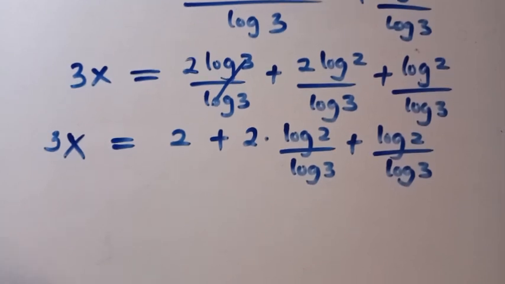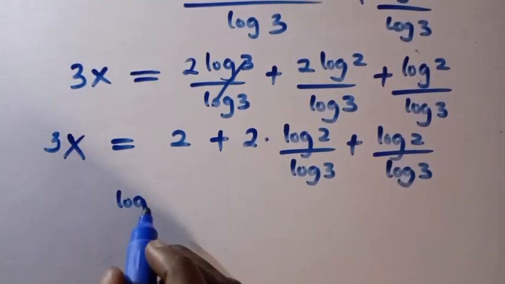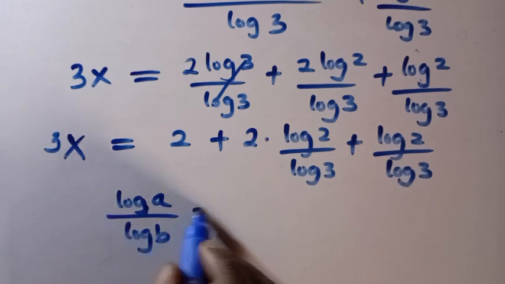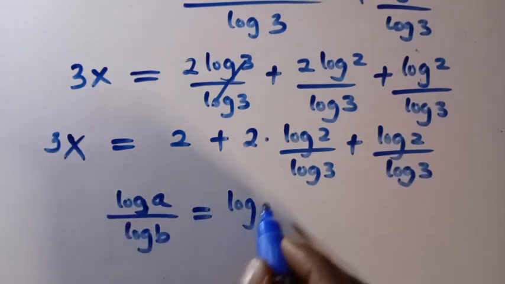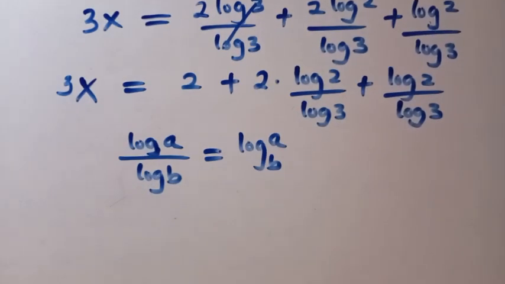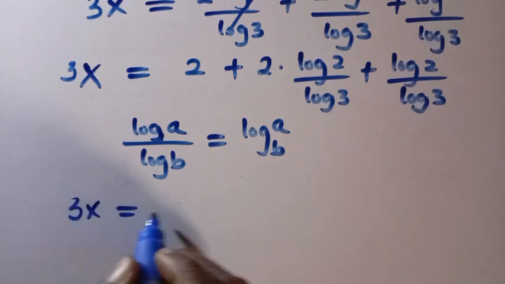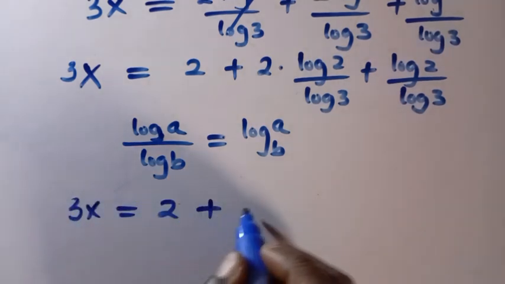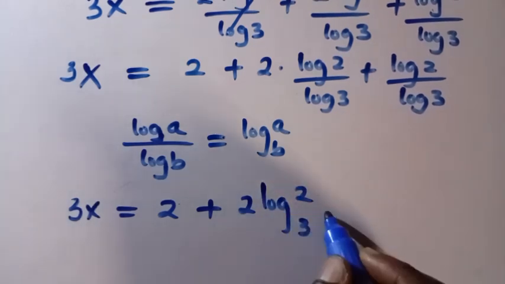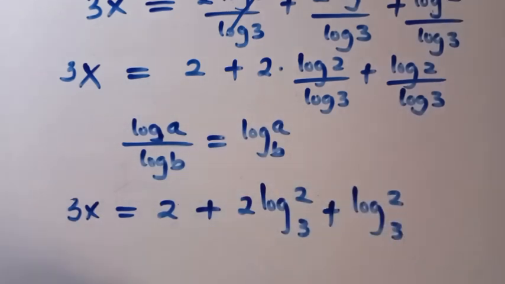And suppose we have log a divided by log b, this equals log a base b. We apply it in these two above, so that we have 3x equals 2 plus 2 log 2 base 3 plus log 2 base 3.